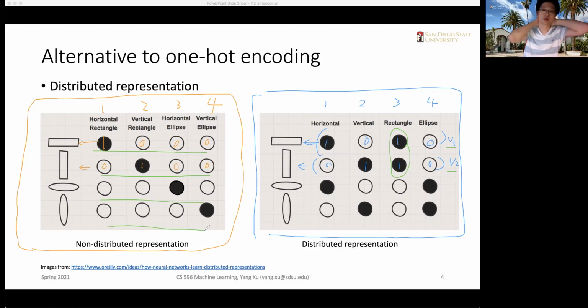This is the so-called distributed representation that uses abstract features as columns.